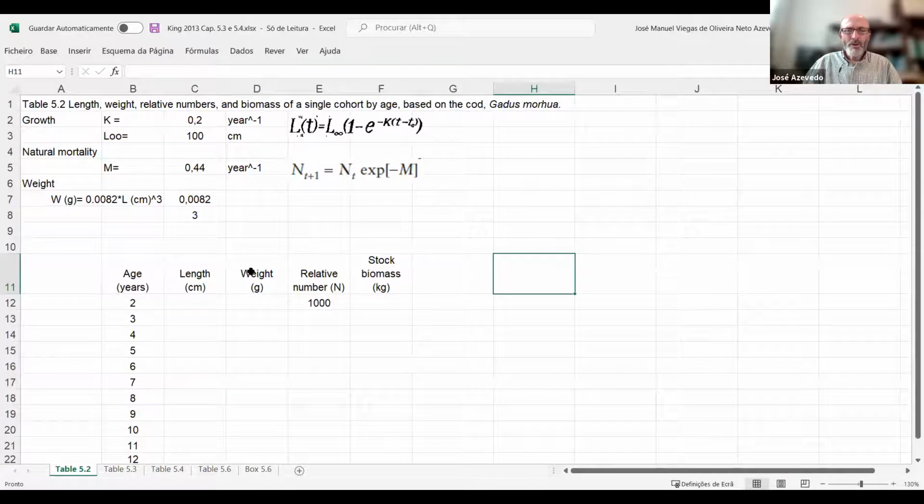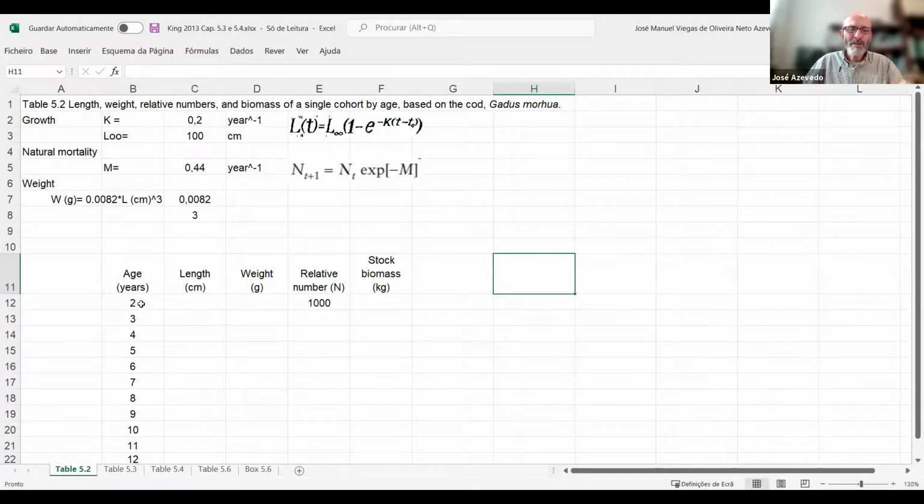Okay. So when you download the data, you will get a spreadsheet like this. This spreadsheet already has the variables, the parameters given by King in his table 5.2. And you also have the table that you need to fill.